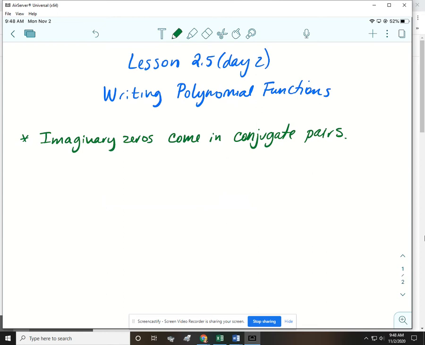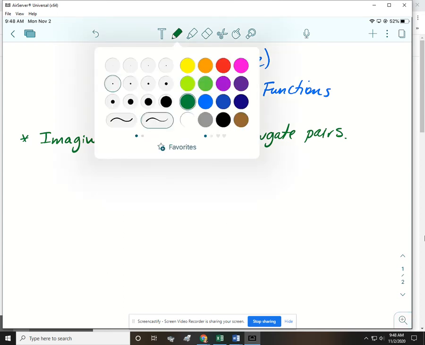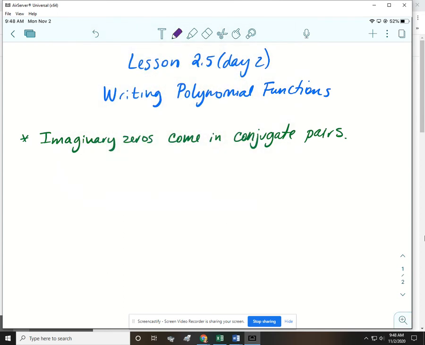Right, so if 2i is a 0, negative 2i is also a 0. So the imaginary zeros always come in conjugate pairs. So sometimes you'll be given only one of the imaginary zeros, and it's up to you to know that its conjugate is also a 0.